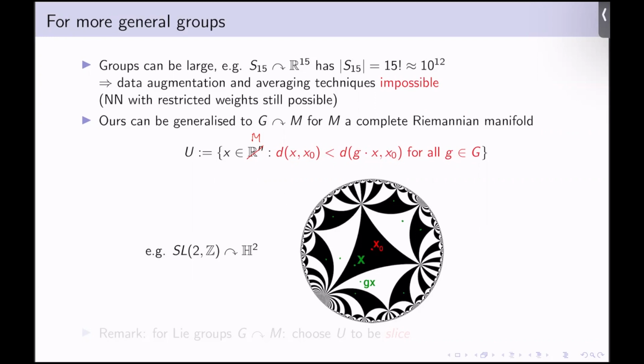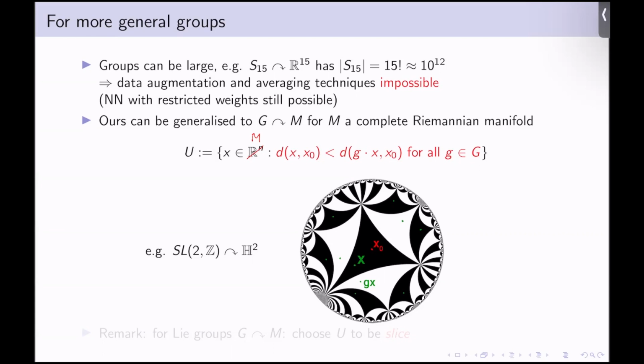Then the fundamental domain U is exactly this black triangle around this point x0. If you have this green point x here in this triangle, you can translate this x around your manifold under the group action, and then you will get one point in each triangle. So all of these green little dots are translates of x, but there is exactly one of them which minimizes the distance to x0.